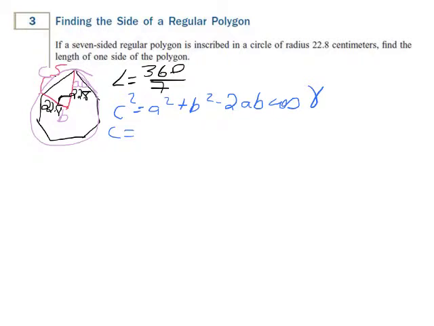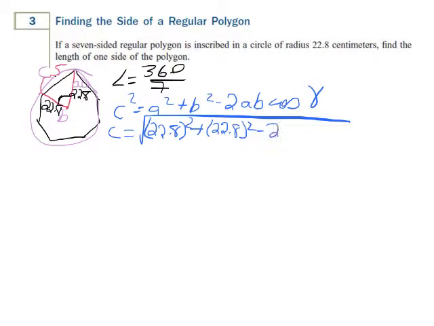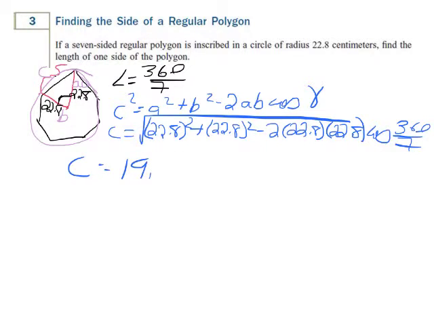So we've got that C is equal to, let's make it C, A squared, which is 22.8 squared, plus B squared, which is 22.8 squared, minus 2 times 22.8 times 22.8, and the cosine of 360 divided by 7. What you end up with is that C is equal to 19.8 centimeters.